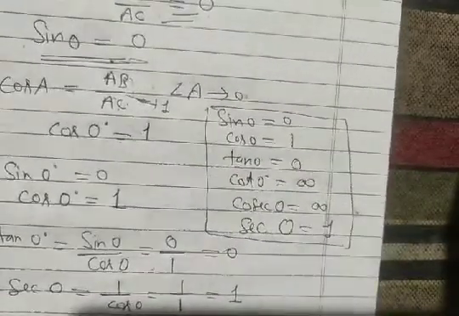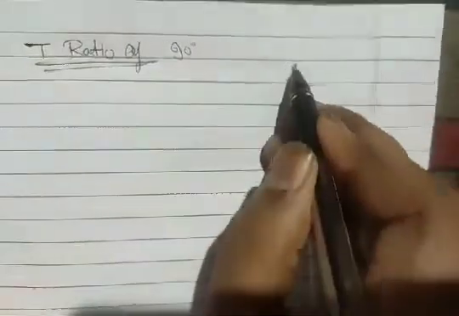Now we move to find out the t ratios of 90 degree. Again, in a similar way, we are going to draw a right angle triangle.